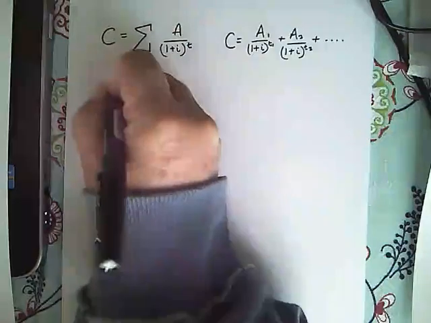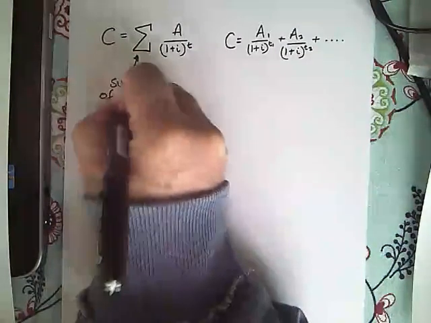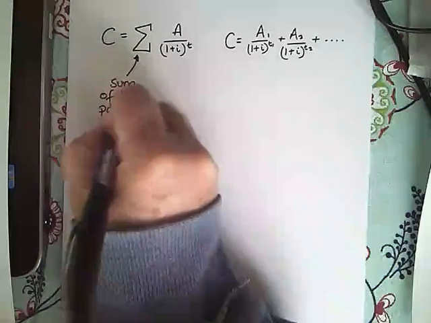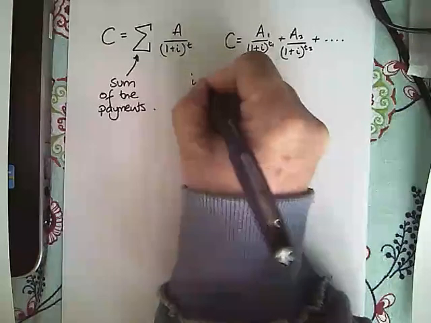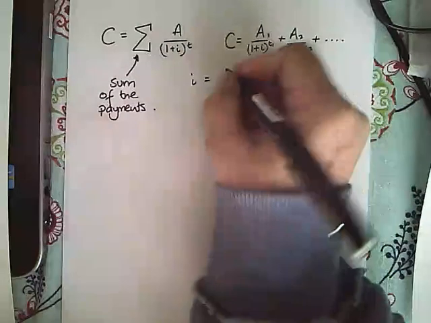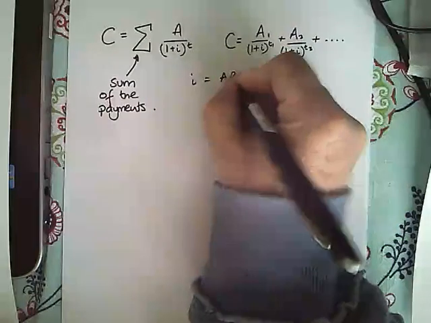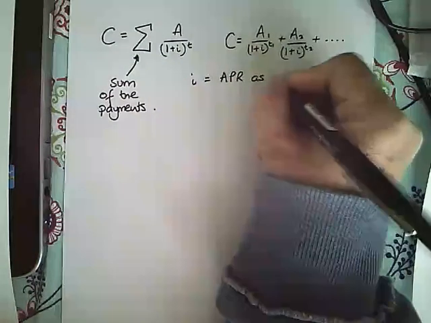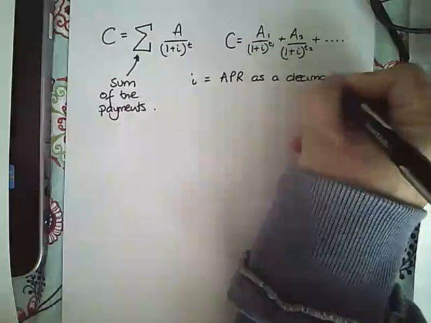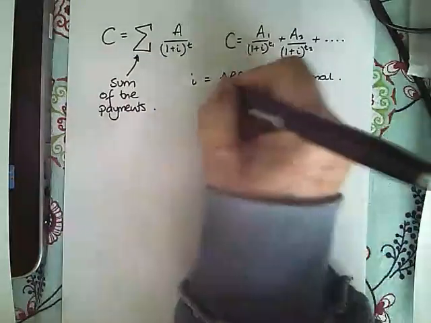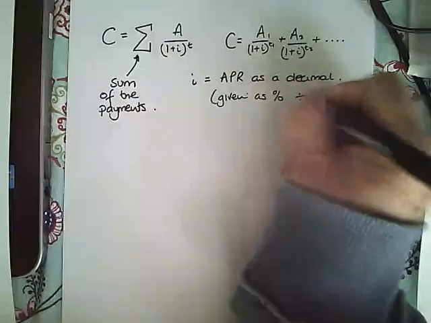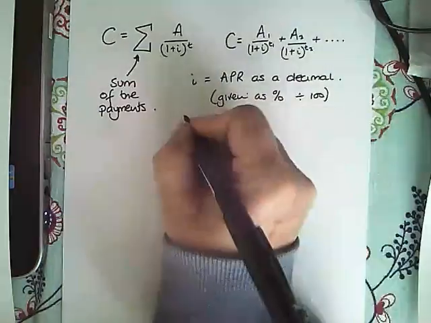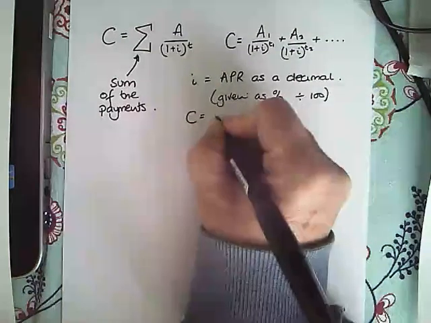And the different things in here: this means the sum of the payments. The I, which goes in this position, is the APR, the annual percentage rate, as a decimal. So you're normally given it as a percentage, and that means you then need to divide by 100. C is the amount of the loan.